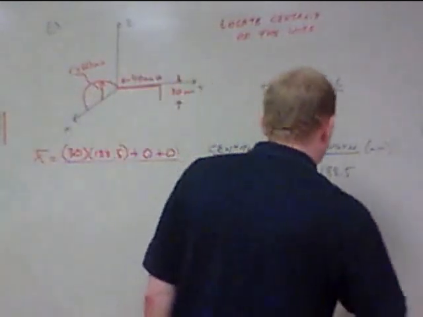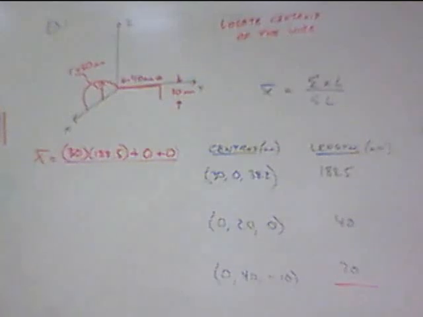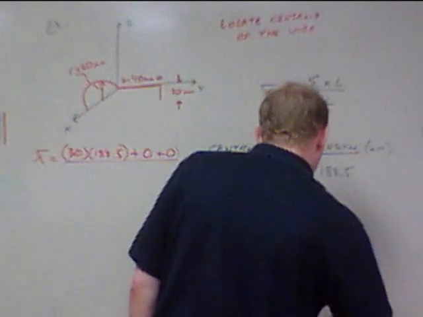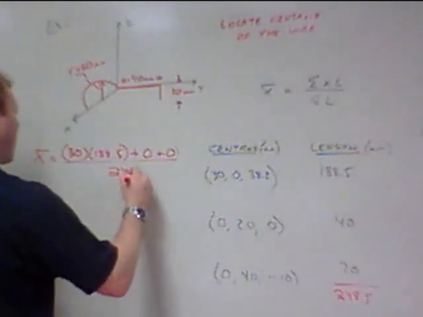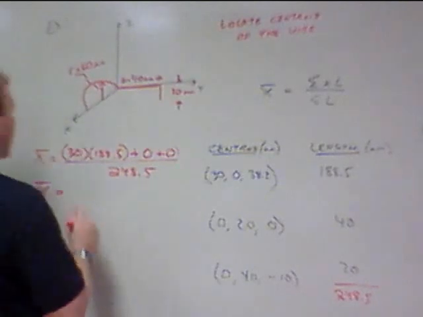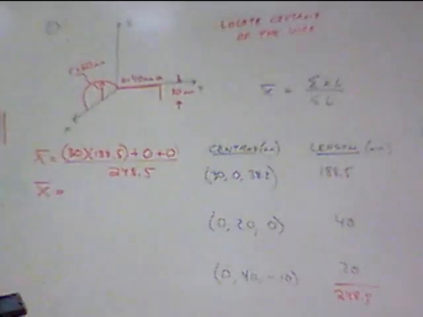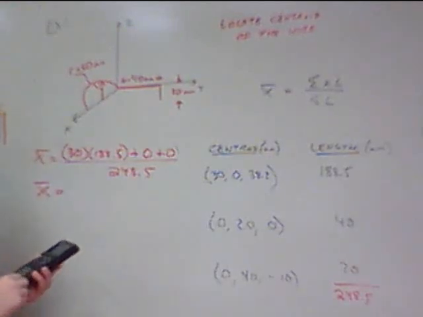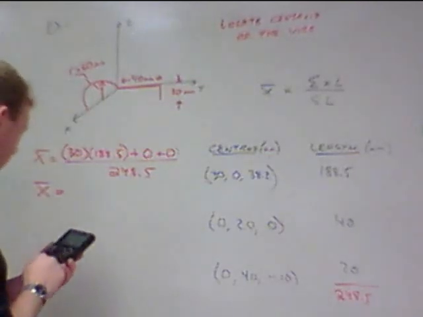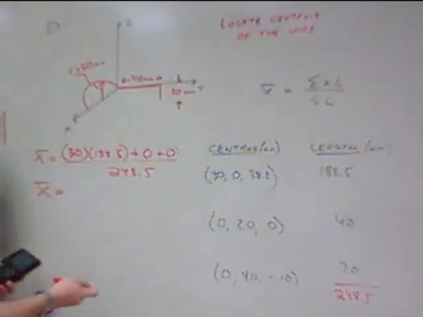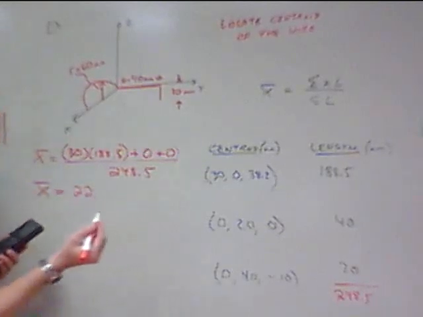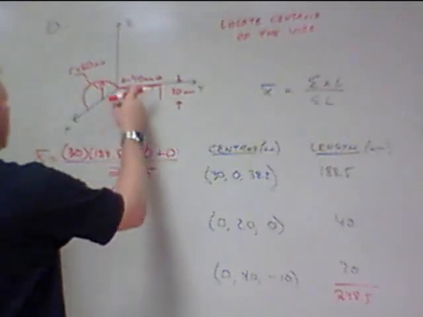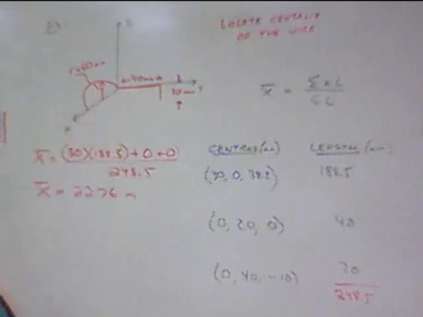This is something that's useful to know in its entirety: 188.5 plus 40 plus 20 is 248.5. So that gives me an x centroid of 30 times 188.5, divided by 248.5, is 22.76. So the x centroid here is 22.76 millimeters out in the x.